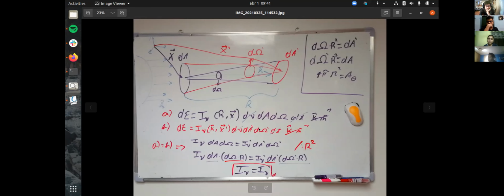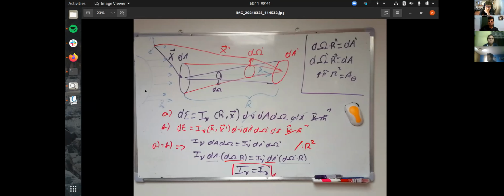But what equation B is trying to convey is that all of the energy that's crossing dA prime must come from dA. So if you're standing on X prime and you're saying, this is the only source of radiation, all that's crossing dA prime has gone through dA.